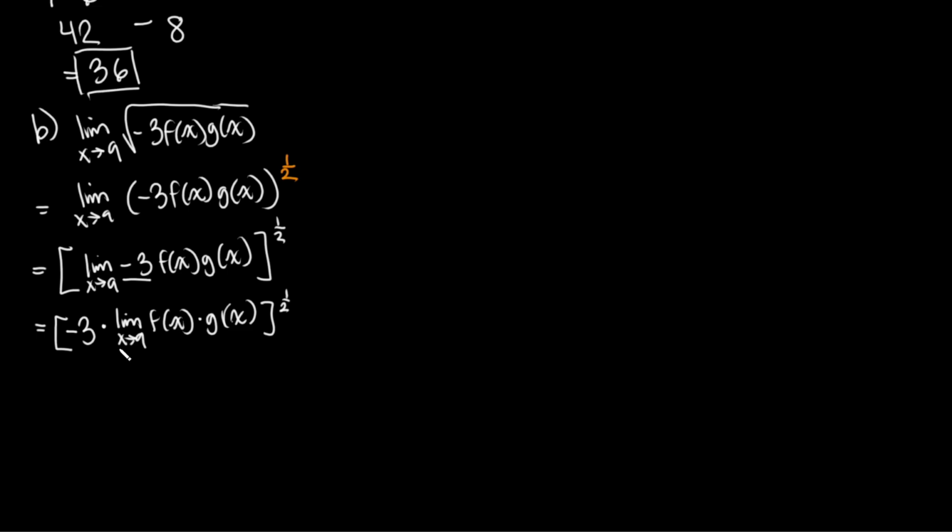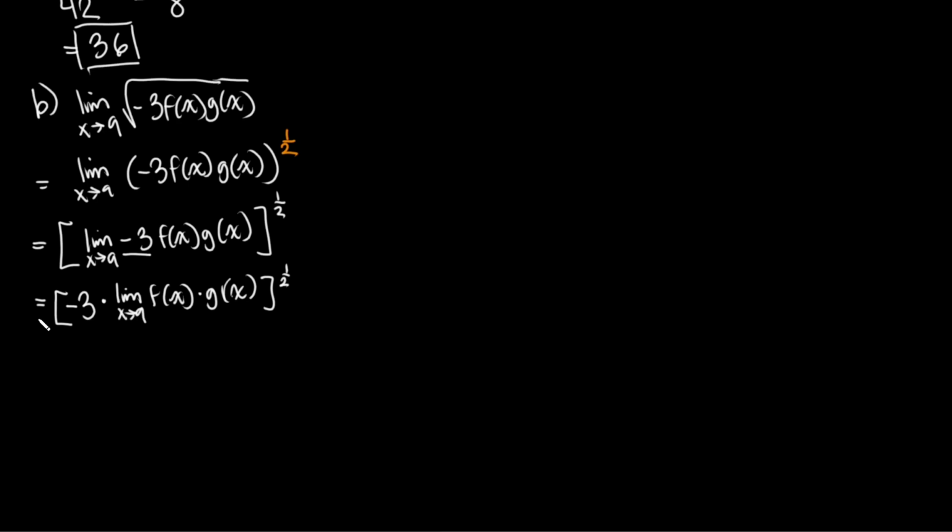And now we can use that multiplication rule, and we can say this is equal to -3 times, I'm going to put this in parentheses, the limit as x goes to 9 of f of x times the limit as x goes to 9 of g of x, all to the 1/2 power.